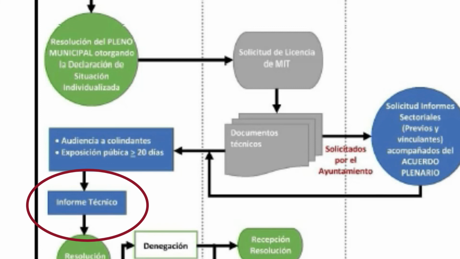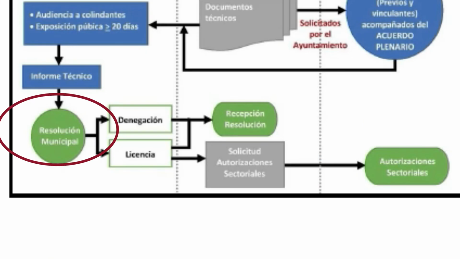And obviously the decision is either favourable or not favourable. 99.9% of the time, the councillor's decision, which is that green circular bubble below the informe técnico, is going to be based on the technical report.